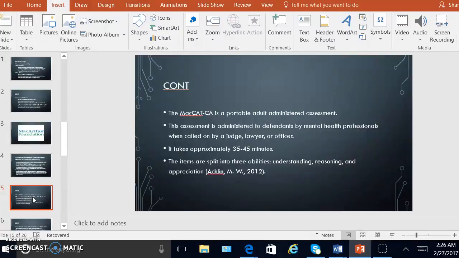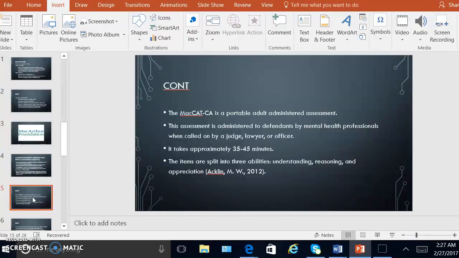It is geared towards the older adult crowd. The assessment is given when called on by the judge or lawyer or officer or whoever needs to call for the professional to come in. It is approximately 35 to 45 minutes long.